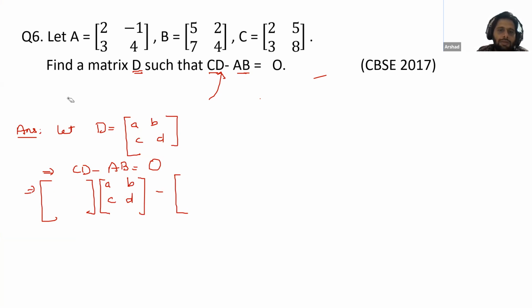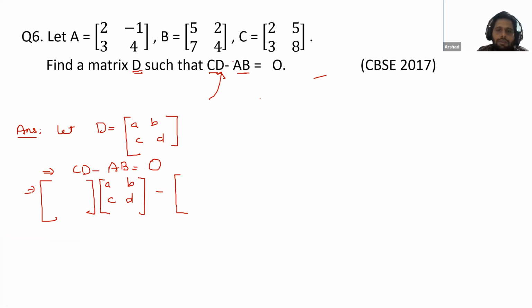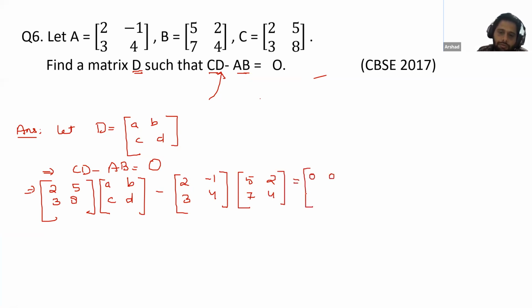We have CD minus AB. C is [[2, 5], [3, 8]], A is [[2, -1], [3, 4]], and B is [[5, 2], [7, 4]], and this is equal to the null matrix.